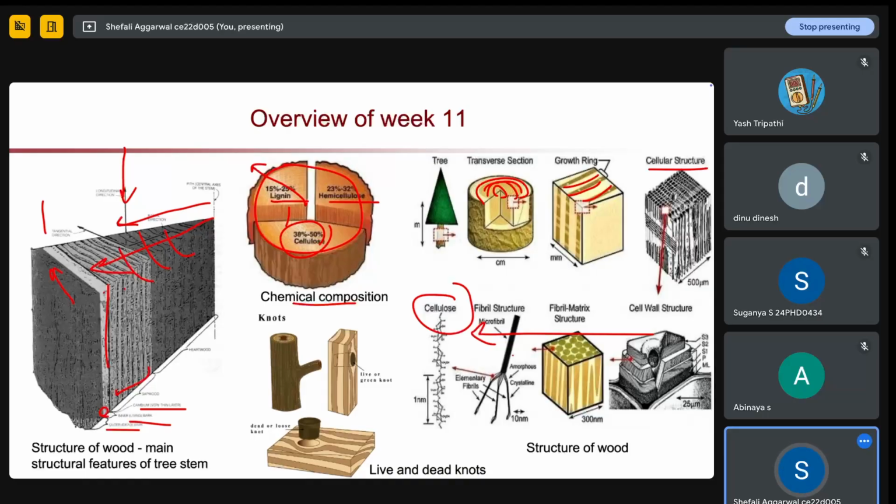Now we come to the different types of problems in our wood. First thing is knots. What is happening is that in a tree, if you cut any bark, at that point or area there is a chance that it will be very immature, or we can say a very live area. So some knots will be formed.